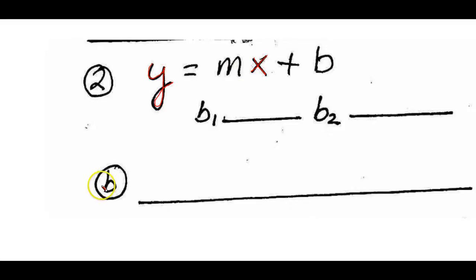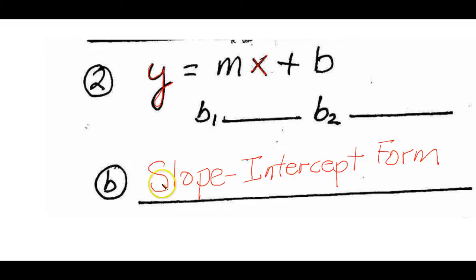Now, for this big B down here, we're asking just where to put the answer. What is the name of this equation? We'll give you a moment. And it's the slope intercept form. When the standard form is solved for the letter y, it's the slope intercept form.